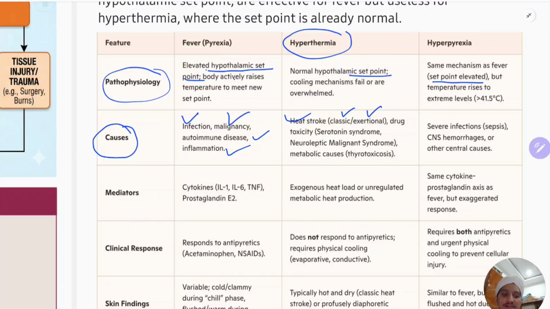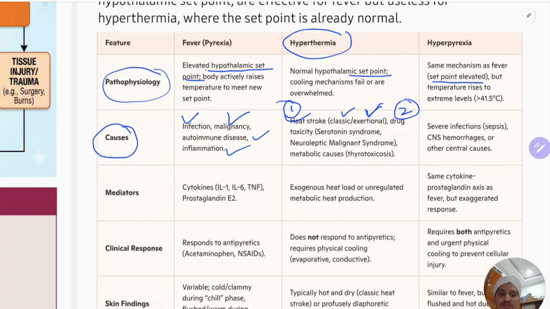For example, in alcoholics, those patients who take a lot of alcohol and are exposed to a very high temperature, for example in summer season, even if they don't do exertion, they will have heat stroke because the central mechanisms are impaired in them. Whereas exertional heat stroke anyone can experience who is working in a hot environment. That is one very classical example. Heat stroke can be classical or exertional.